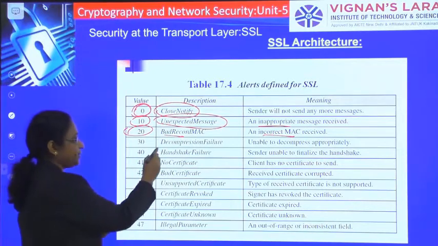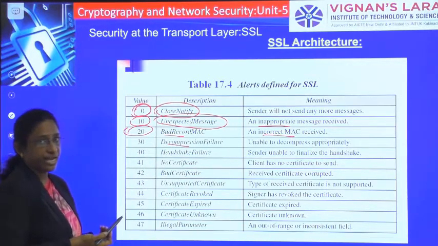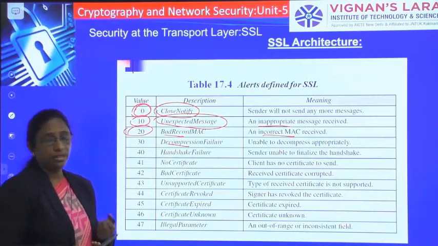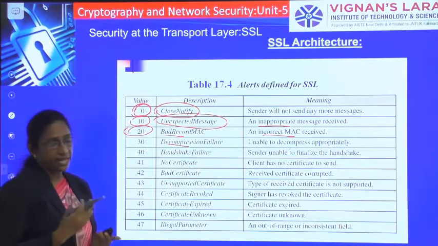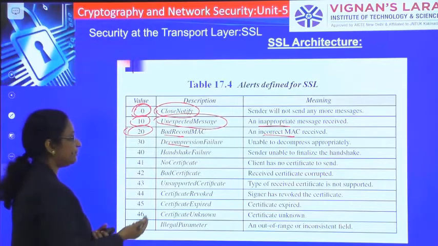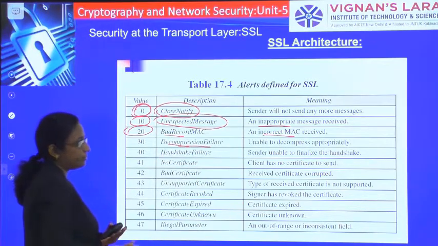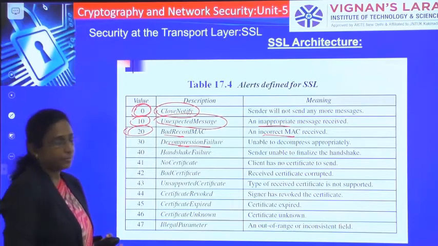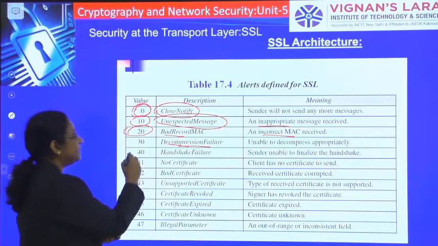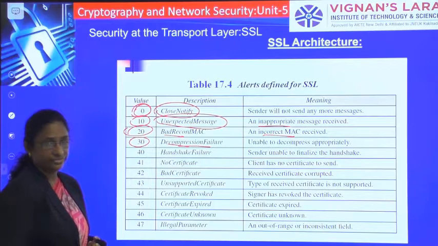If the compression fails: we have already seen in the record protocol that the fragment is compressed, so at the receiver side it has to be decompressed. If there is any decompression failure, meaning it is unable to decompress appropriately, then this type of alert is sent with a code of 30.